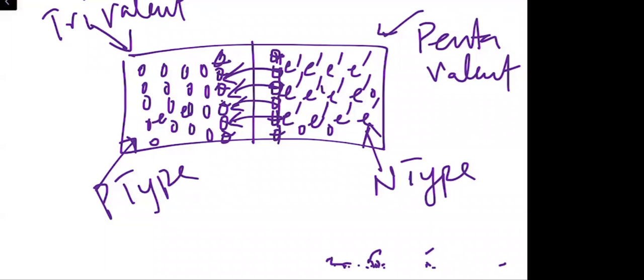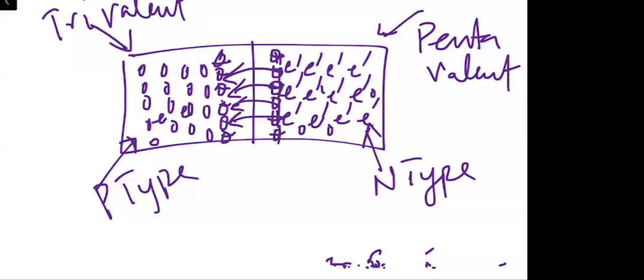Now, whenever in the valence band you have a smaller number of electrons, this means the electrons are at a higher energy level, because the force of attraction on the last valence shell is less.